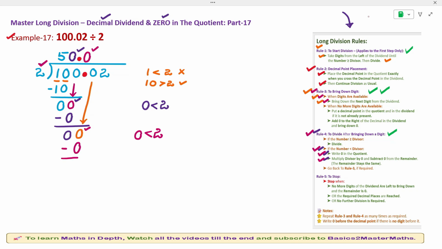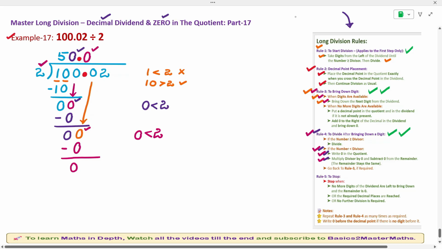So, you will get 0 as the remainder again. Now, rule 4 is complete for the second time.